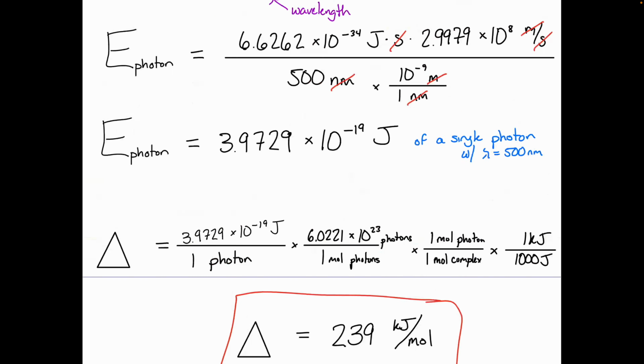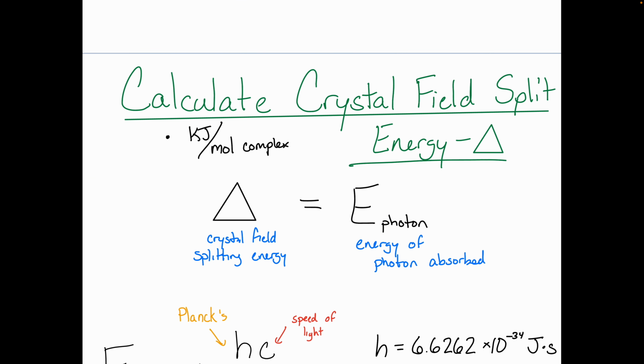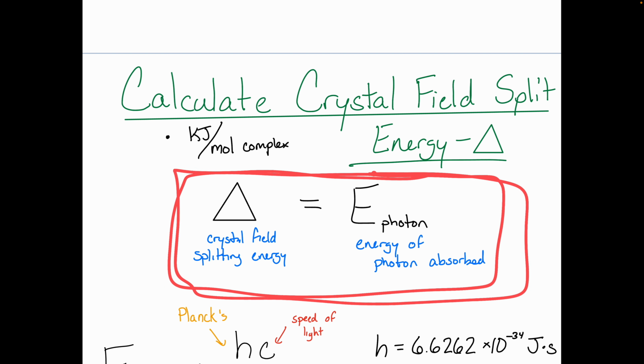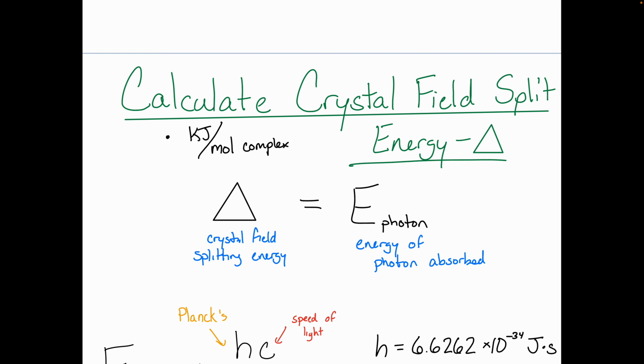Cool. All right, and this is all based on this very important principle up here, right? The whole reason that this works is because that gap in energy that electron jumps, our crystal field splitting energy, is exactly equal to the energy of the photon being absorbed. That's the rule. In order to absorb the photon, it has to use exactly that much energy in that excitation.